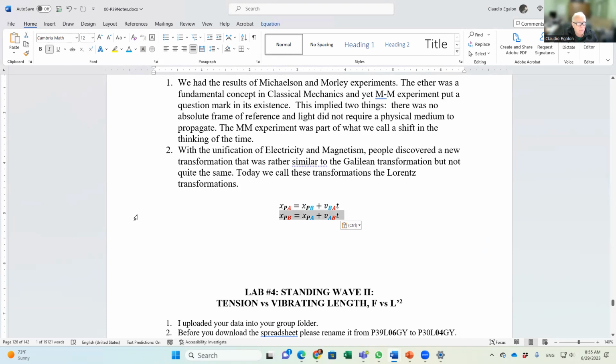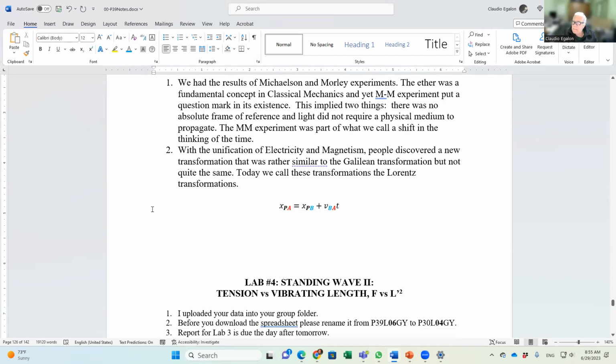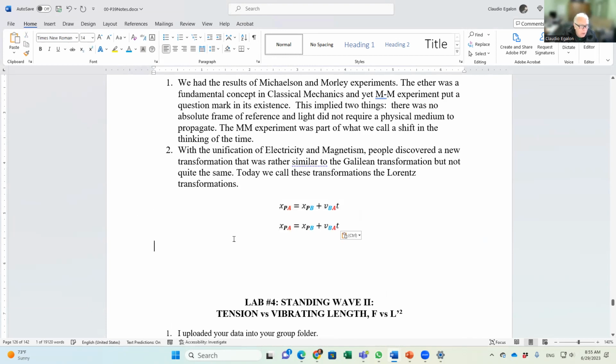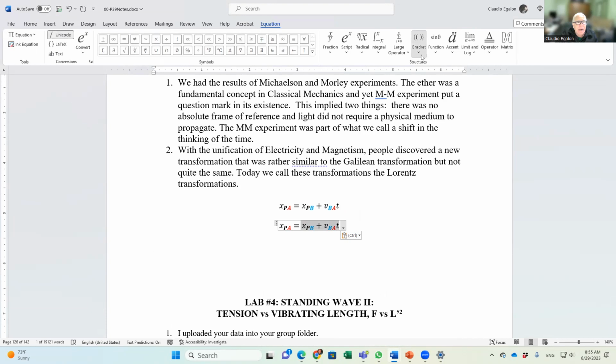I'm going to just concentrate on one of the transformations, okay? The Lorentz transformation was something quite similar to that, but not completely. It had a multiplicative factor.